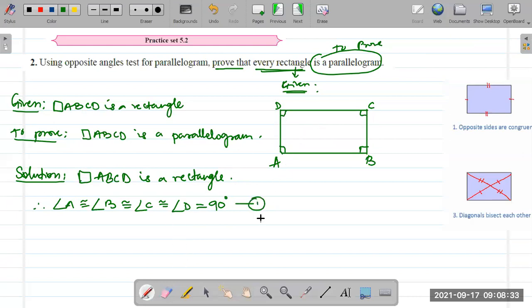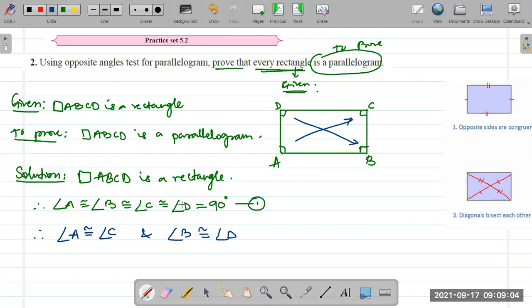Now we have to prove the opposite pairs of angles are equal. All right. So let us group them. We can say angle A goes with angle C and angle D goes with angle B, right? So from 1, we can say that angle A is congruent to angle C and angle B is congruent to angle D. Check.